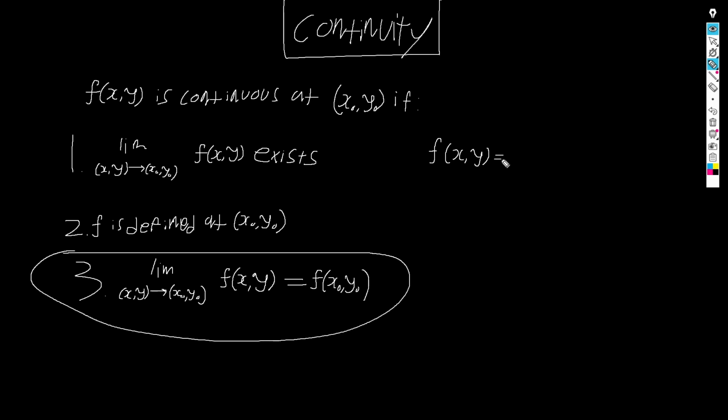So we'd say that if f of x, y was x, this function is continuous at, for example, the origin, because the limit as the point approaches the origin of x is just 0, and f of 0, 0 is also 0, so the limit is equal to the function value at the origin. So we say that this is continuous.